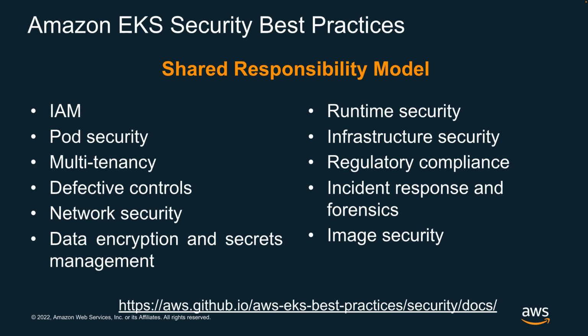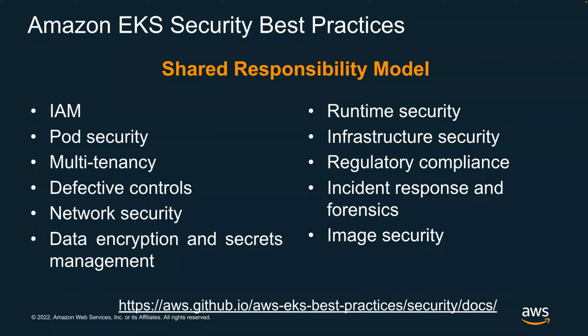So I just want to quickly run through this, but we want to make sure that Kubernetes applications, especially on EKS, are conforming to the Identity and Access Management roles and policies. But more importantly, we also want to spend time and effort making sure that pod security and multi-tenancy is in place.